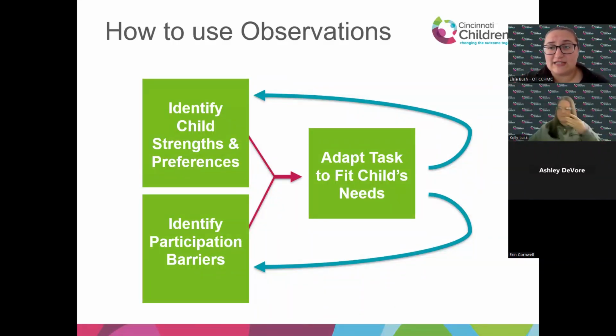And that's where we're going to take those things that we observe and use them to adapt the task that we're doing to fit the child's needs. So as we were watching that video, we're seeing that we're making these small changes to see if we can support participation better with visual tracking. So I think that's just that continual process.